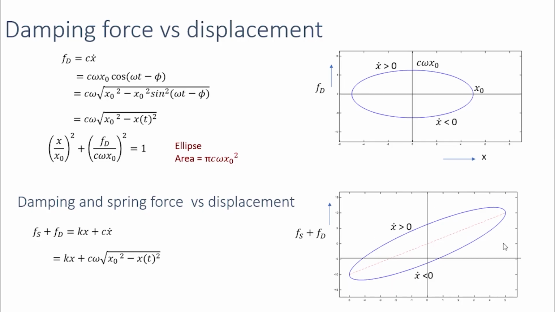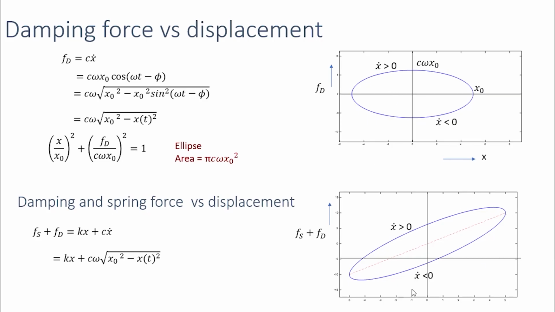So this is also an ellipse, but it is rotated. And the area inside the ellipse will be same as the previous ellipse because this is only rotated. And the area enclosed by this curve, that is this line kx, is 0 because this is just a line. So the area enclosed by that is 0, and the area inside this ellipse is same as the previous ellipse.